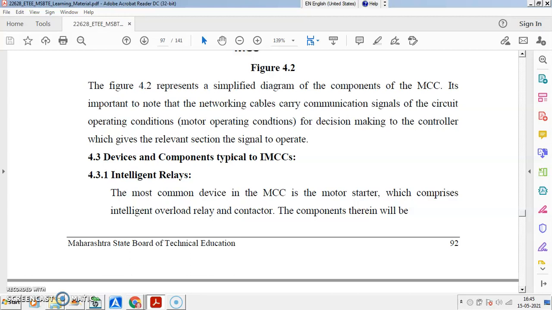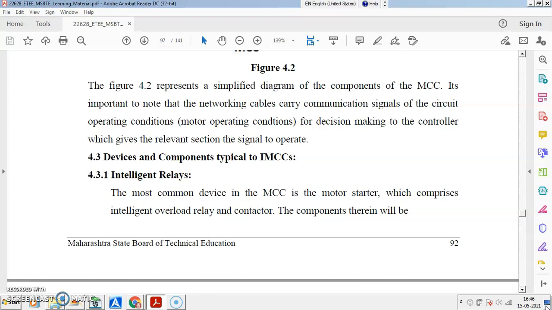In a motor control unit we have the electromechanical relay, but here we have an intelligent relay. Intelligent means what? It has its own decision making characteristics. Electromechanical relays also have decision making characteristics, but compared to electromechanical relays, these relays have more precise settings that you can provide.